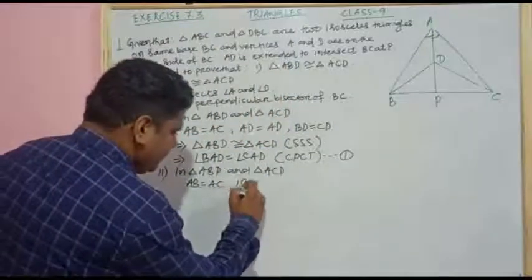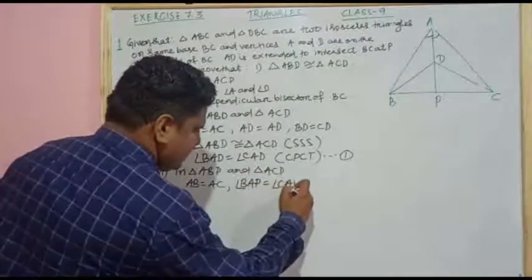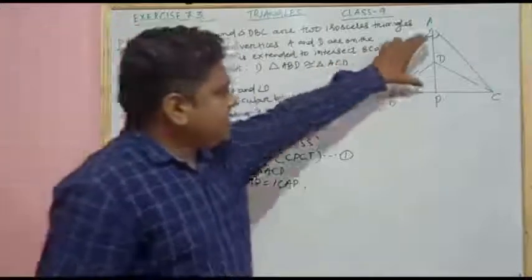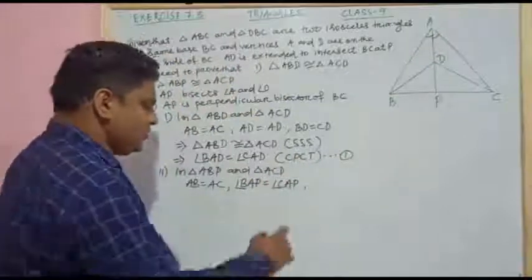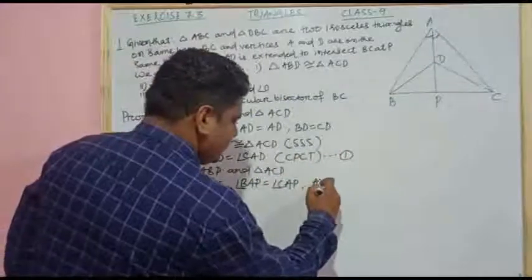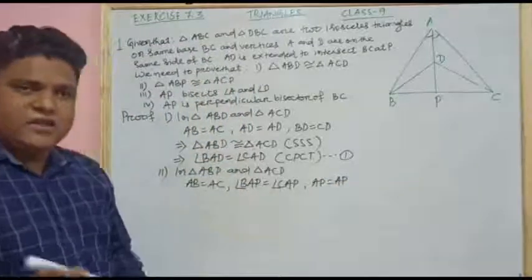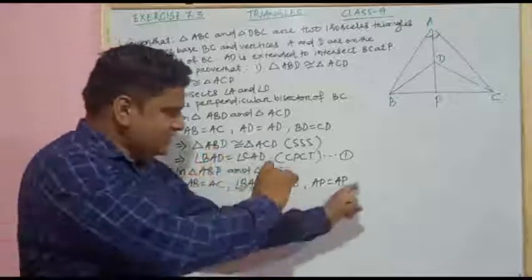Angle BAP is equal to angle CAP, and AP and AP are common for both these triangles. So we can write AP equal to AP. It is a common side. My dear students, every time you have to write the reason in brackets on its right side.